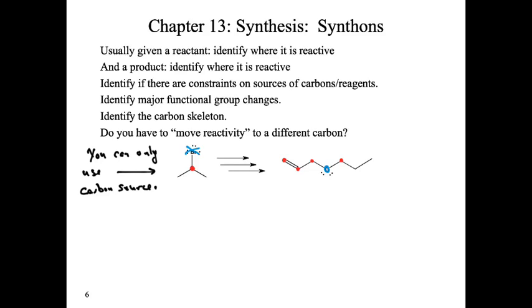Why is that problematic? How many carbons did we start with? 3. How many did we end with? 6, which means you have to get enough of that to make half its own product. We're going to have to figure out how all of these carbons can be accounted for over here.